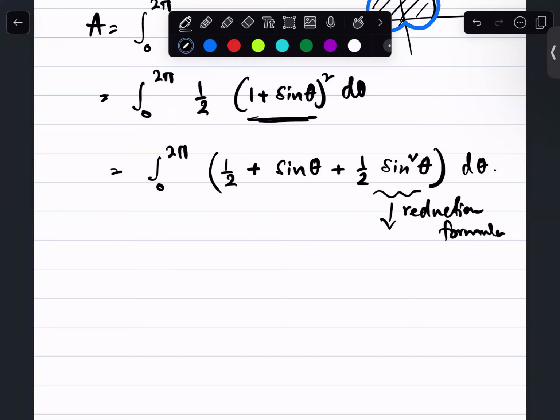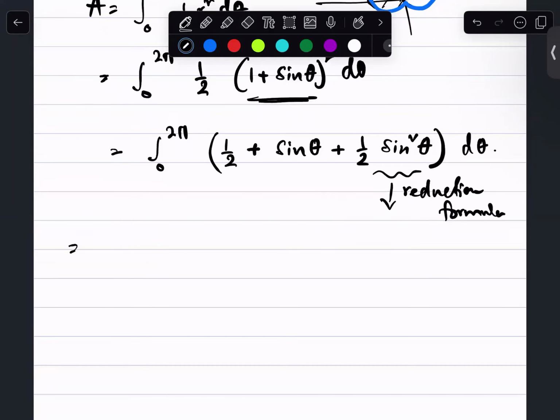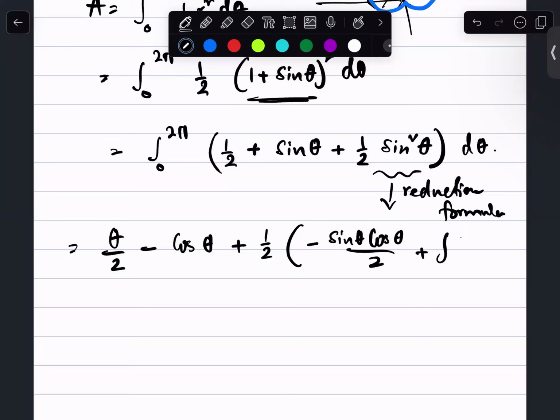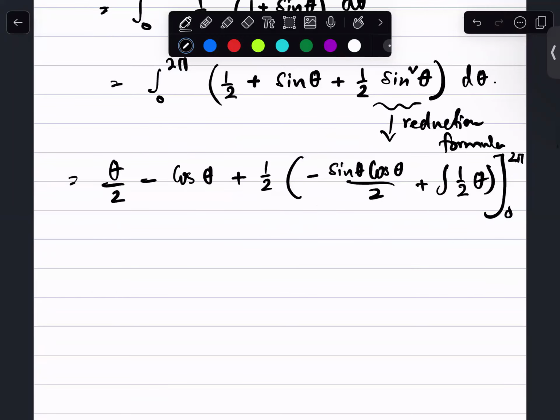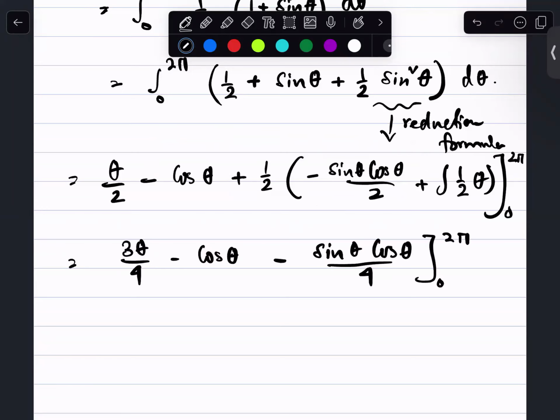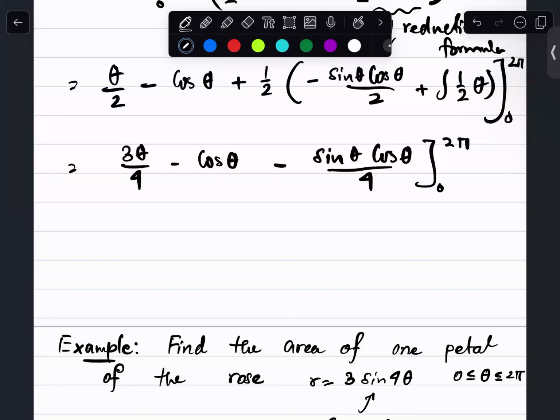So for that, I'll have theta over 2 minus cosine theta, and then half times minus sine theta cosine theta over 2 plus the integral of half d theta, and it should go from 0 to 2 pi. Ultimately I'll get 3 theta over 4 minus cosine theta minus sine theta times cosine theta over 4, and the lower and upper limits are 0 and 2 pi respectively.